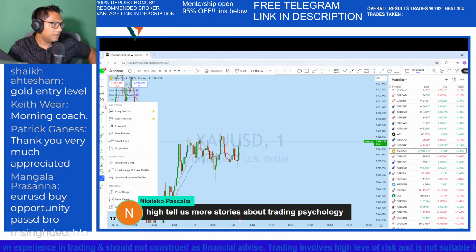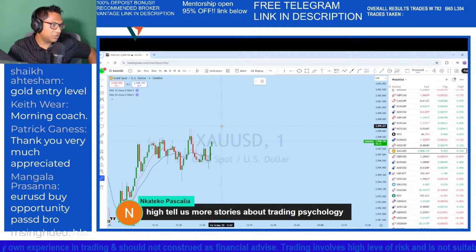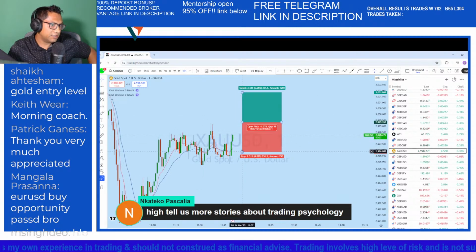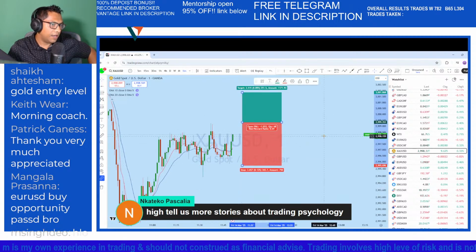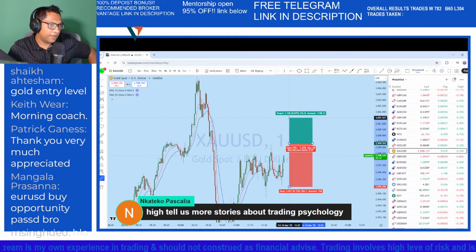So let's place that buy stop again above this area as it starts to trend again, and we will be targeting that level again, the neckline.